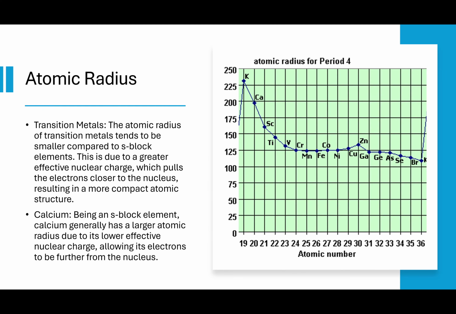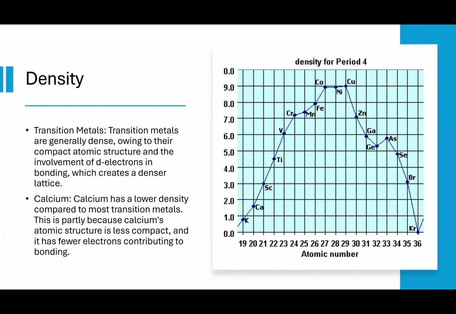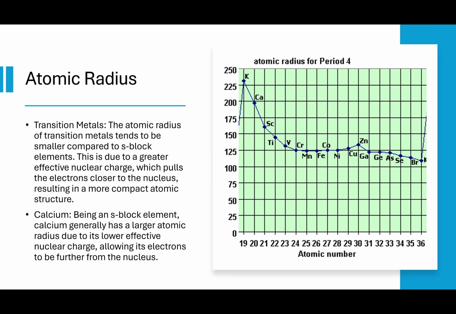It pulls the electrons closer to the nucleus, resulting in a more compact atomic structure. And notice as the atomic radius decreases, the density increases. So it's relational, it's not directly proportional, it's not line-of-best-fit relational, but they do relate to each other.